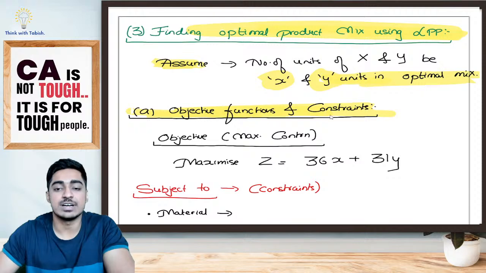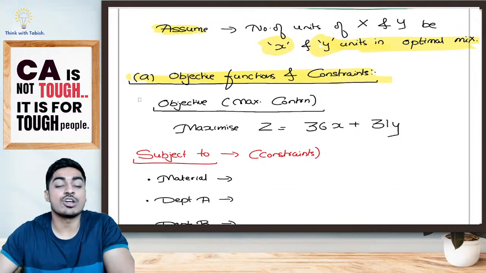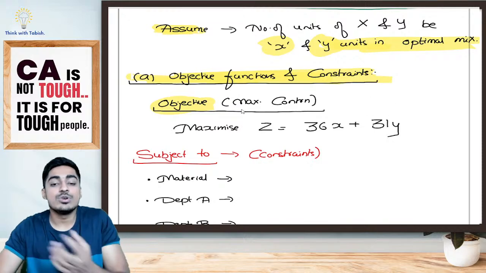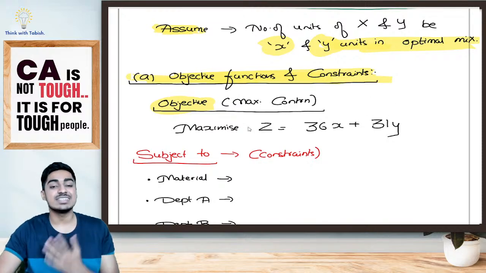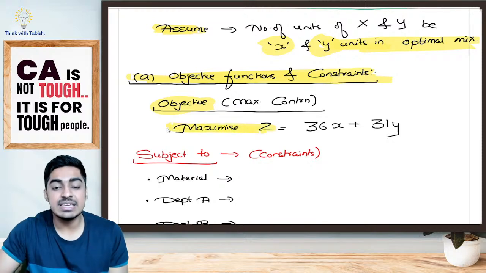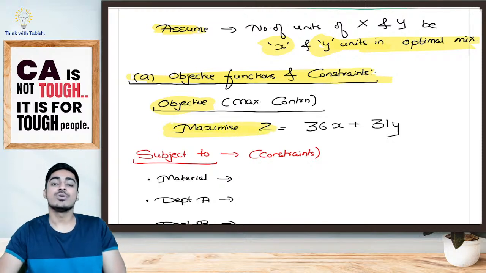First, the objective function and constraints. What is our objective? As a business, we are selling goods. We want to maximize the contribution. Contribution should always be maximum. How do we get the contribution?